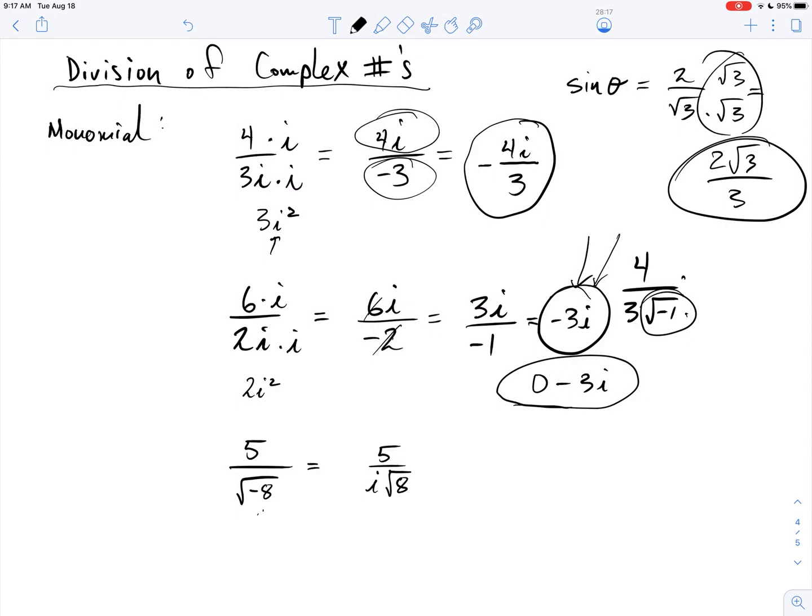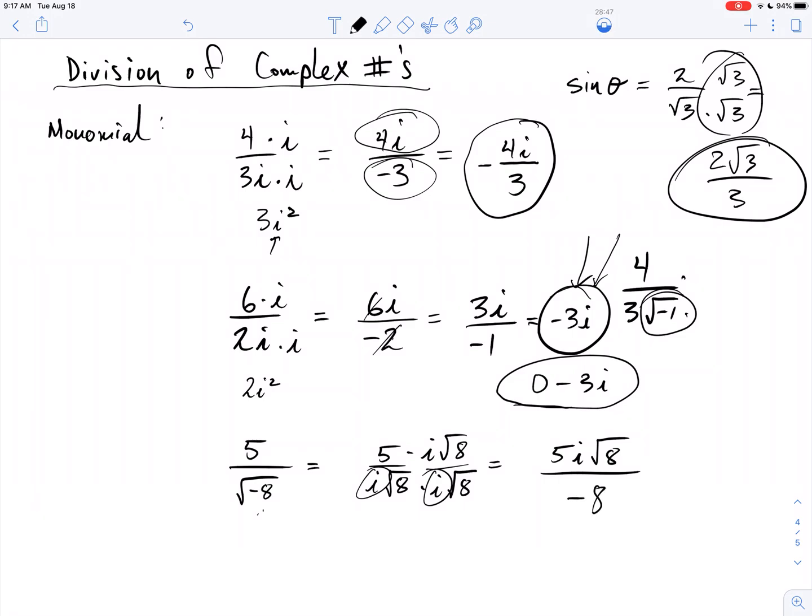I'm just going to say i rad 8 times itself. If I multiply the top and the bottom of any fraction by the exact same thing, I am not changing it. So what happens in the top? I get 5i rad 8. On the bottom, I got i times i, so that's i squared. That means negative. Rad 8 times rad 8 is 8, so I'm going to call that -8.